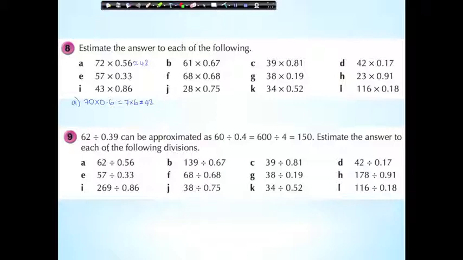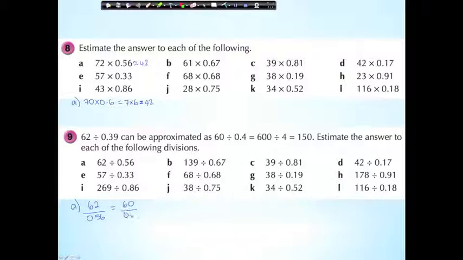Okay, so we're going to estimate the answer to each of the following divisions. So if we go through the first one together, 62 divided by 0.56, and I'm just going to write it like this because it helps us to see how to cancel it down. Okay, so if I approximate these numbers, 62 is close to 60, 0.56 is close to 0.6.